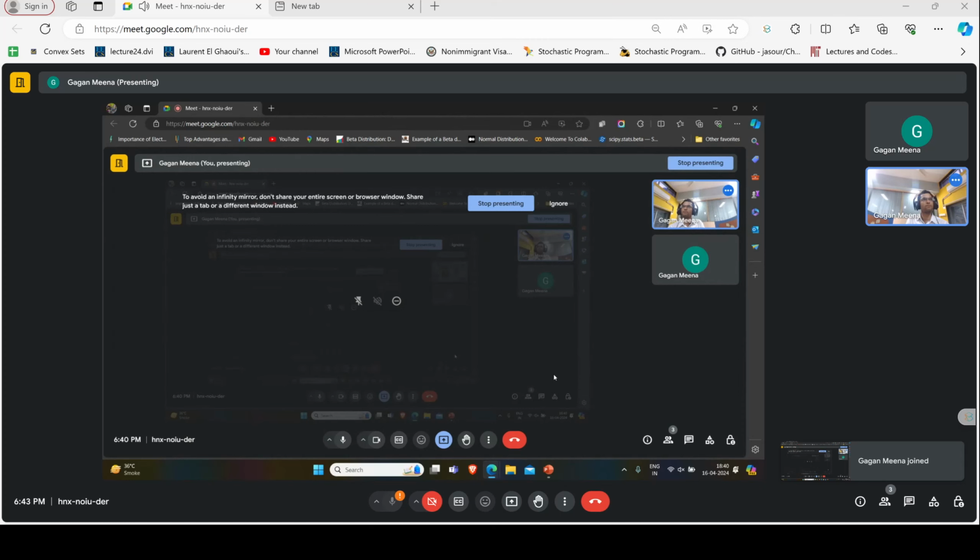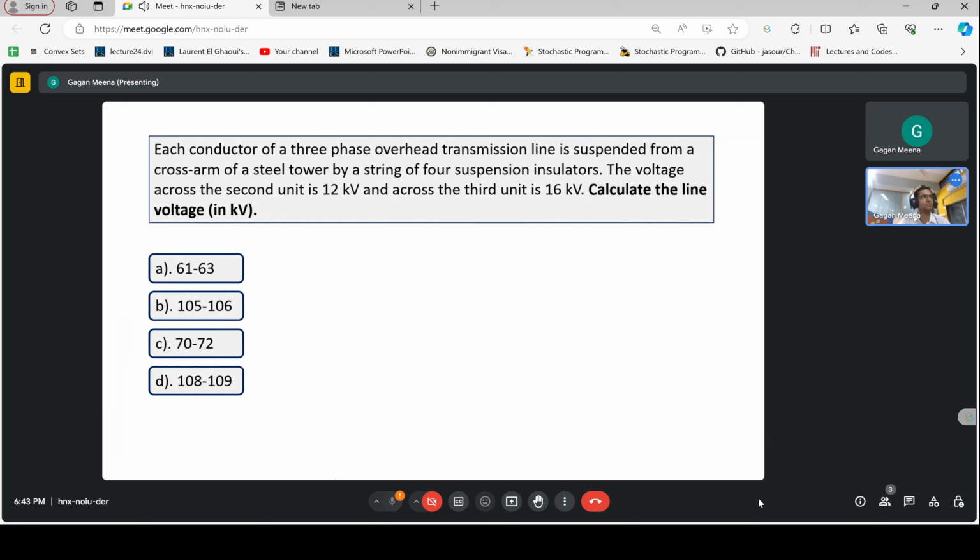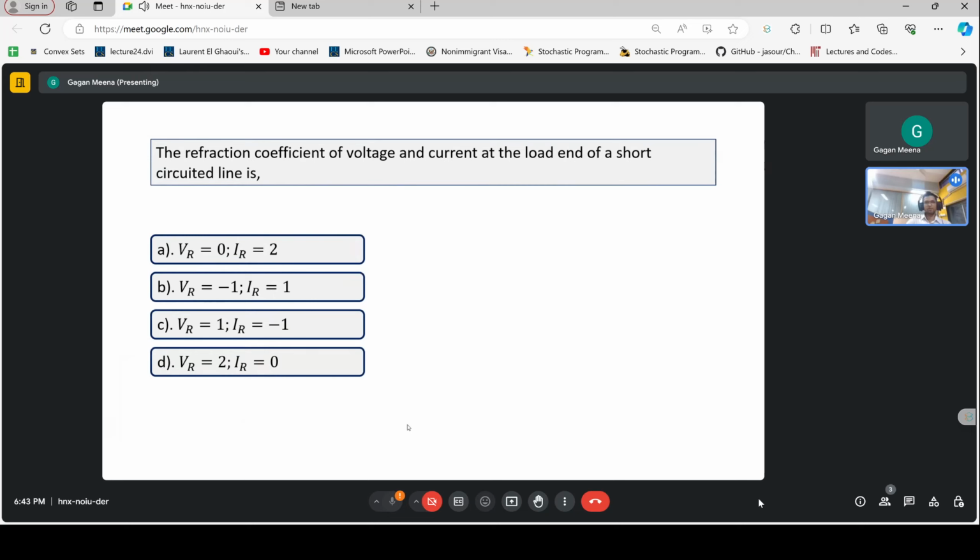So V transmitted is V forward plus V backward, and current is similarly I forward plus I backward. The characteristic impedance of the first line is ZC1, that of the second line is ZC2, and this is the junction.